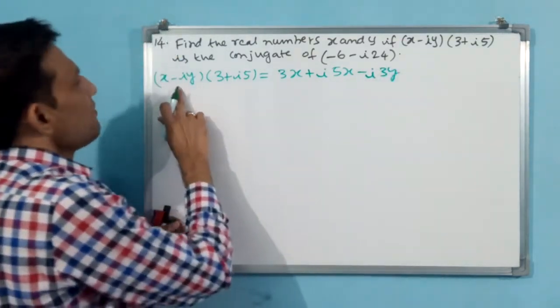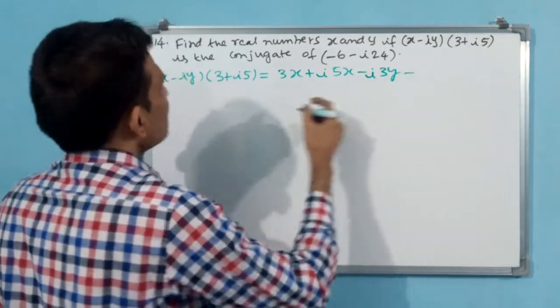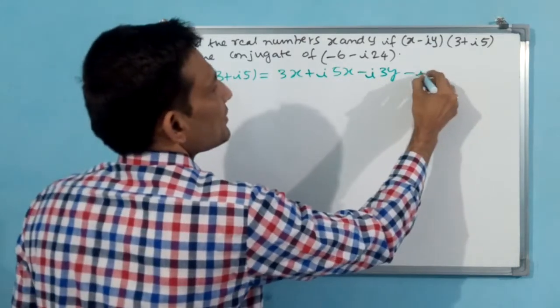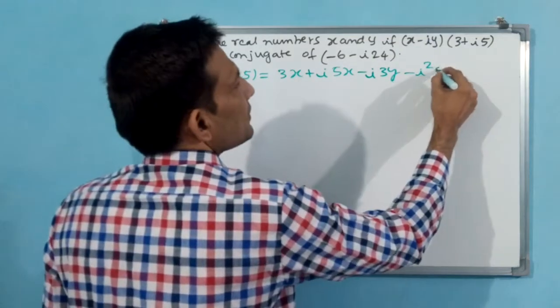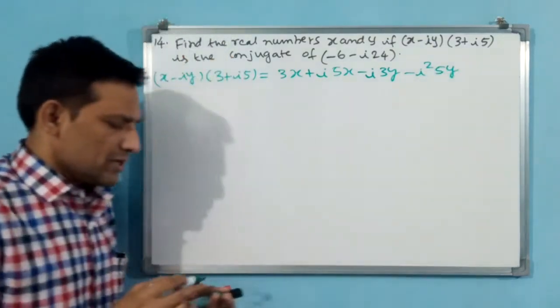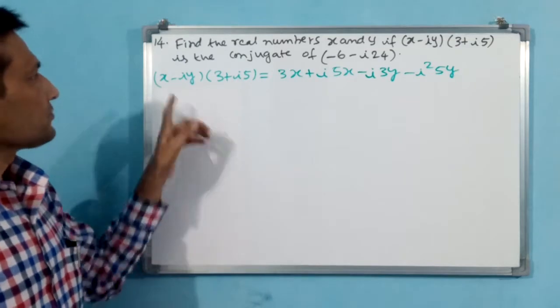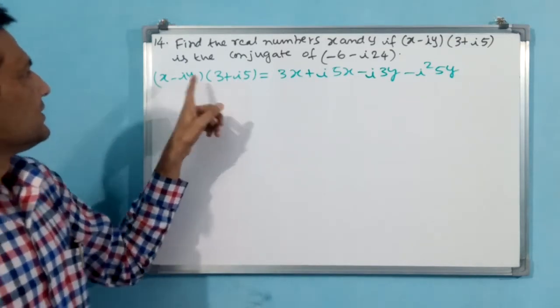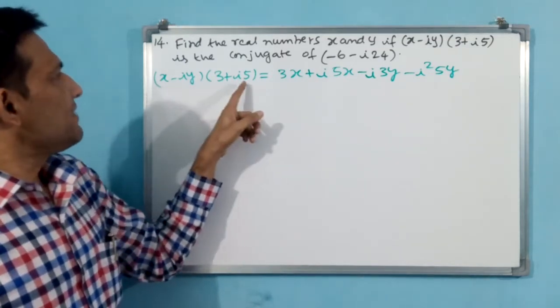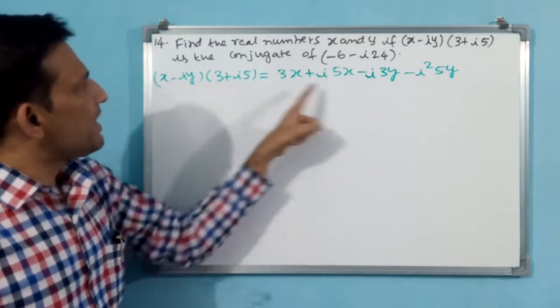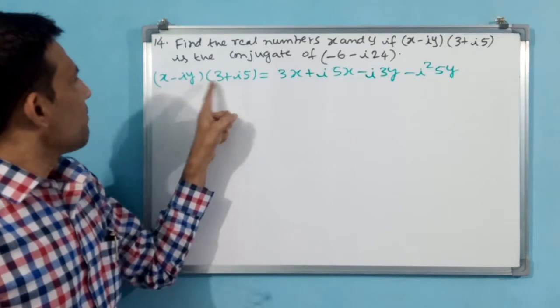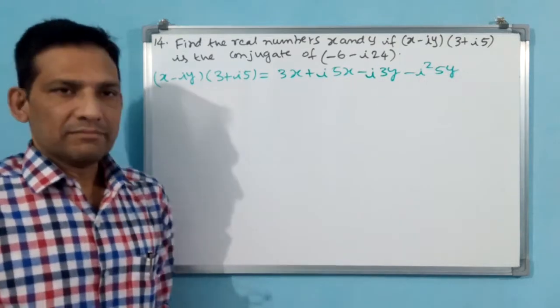Then minus and plus, minus i square 5y. Is it okay? First you see the multiplication: 3x plus i5x. Okay. Minus 3iy minus i square 5y. Is it okay?